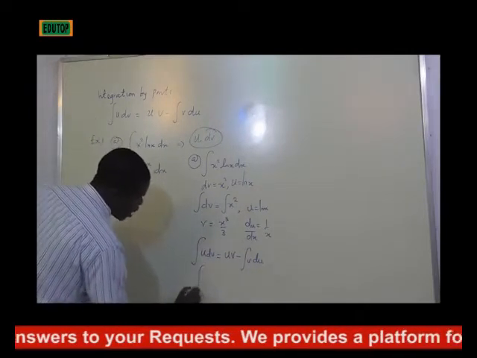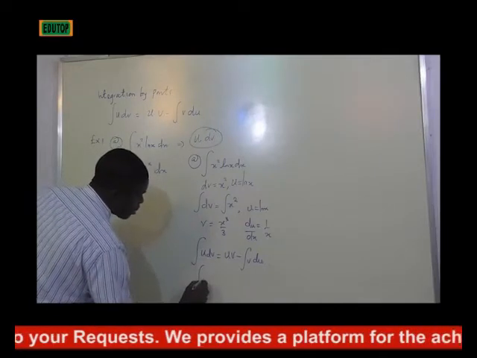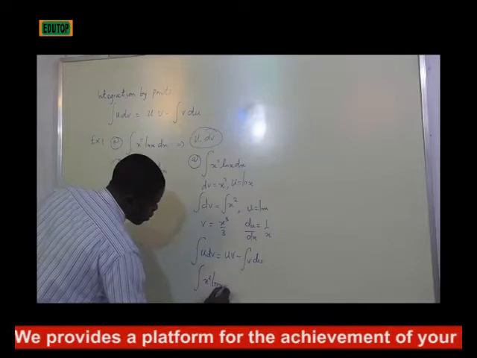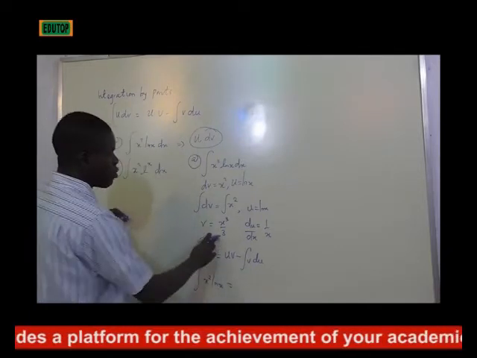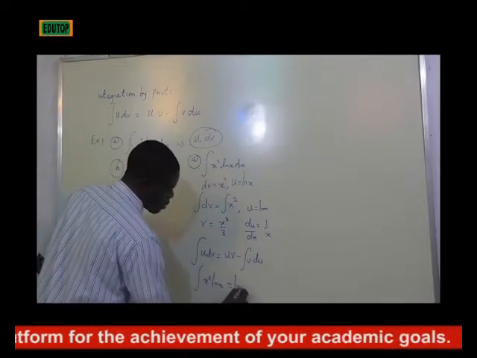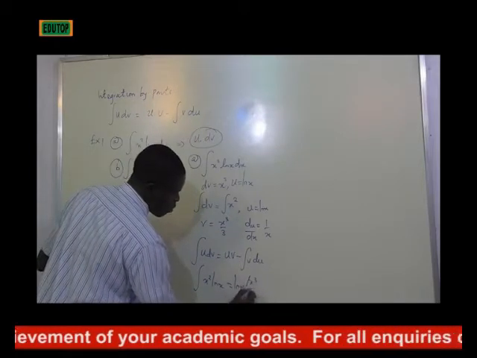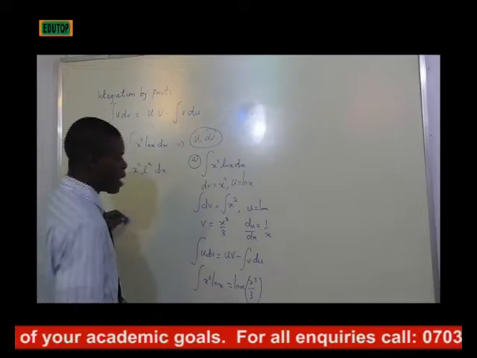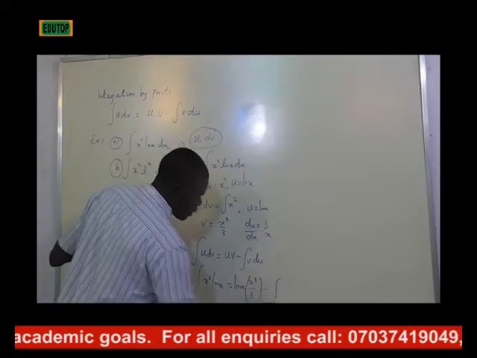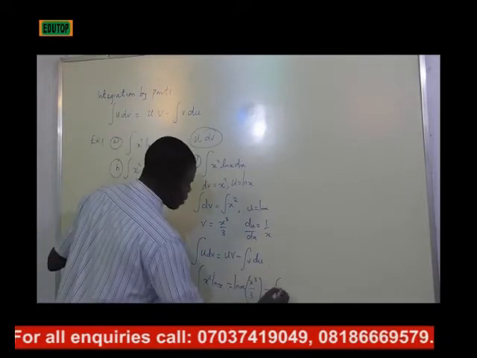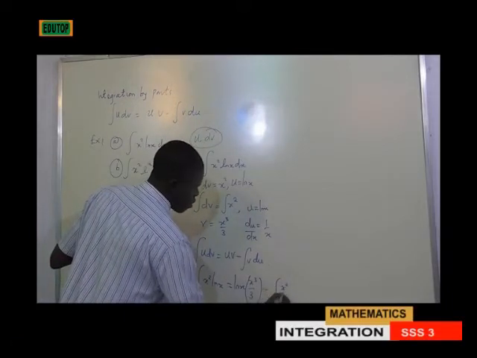So I have the integral of x squared ln x equals, what is my u? My u is ln x. What's my v? My v is x cubed over 3. Put in a bracket, minus the integral of v, where v is x cubed over 3.